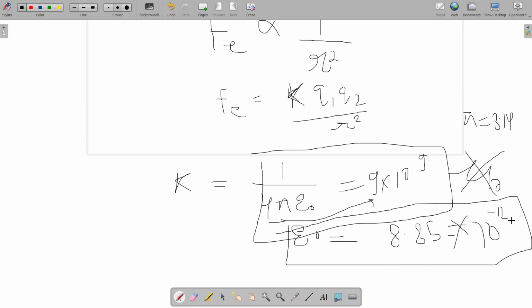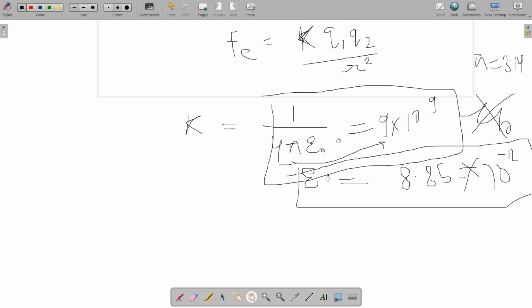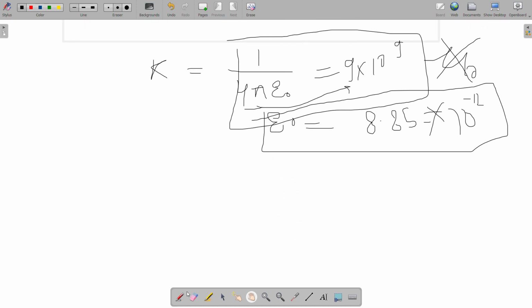You need to remember these values for solving questions, which we are not fulfilling that purpose right now. So I guess it's all for now about Coulomb's law.